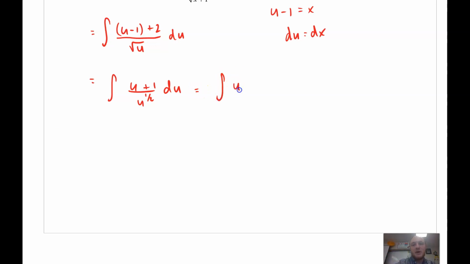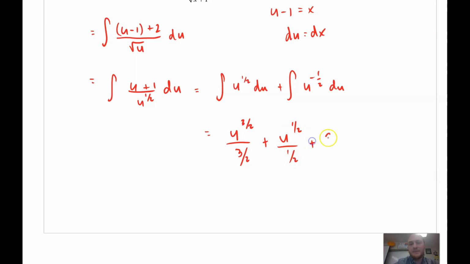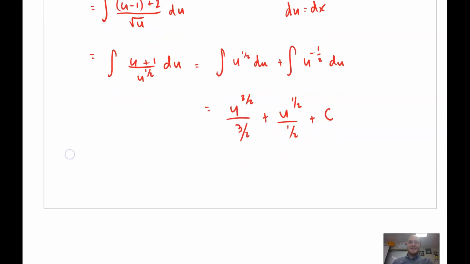I have the integral of u to the power of 1/2 du, plus the integral of u to the negative 1/2 du. And if I integrate this, we get u to the power of 3/2 divided by 3/2 plus u to the power of 1/2 divided by 1/2 plus c. And that's it. Very simple.